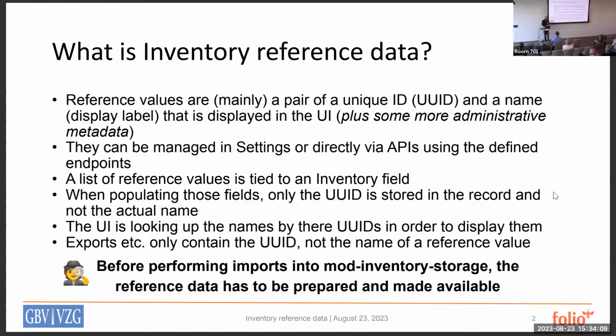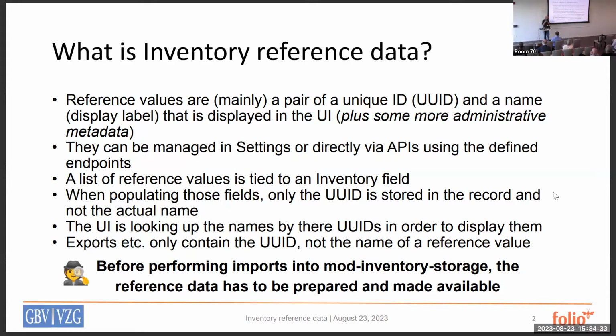And when you populate those fields, then only the UUID is stored and not the name or the label. The UUID is looked up to display the name in the UI then. And when you do an export, the export only contains the UUID, not the actual name. And that is important to us because we are loading data into our inventory storage.